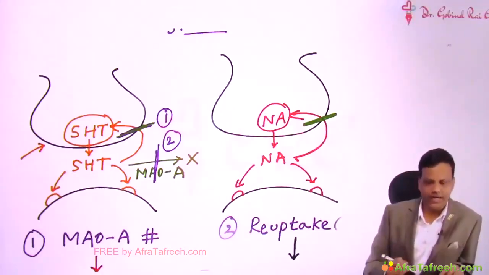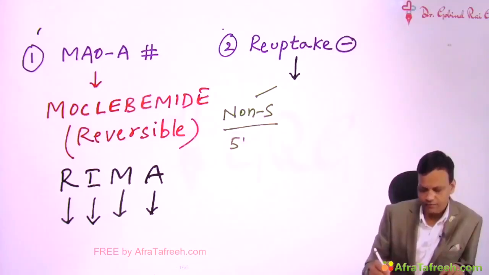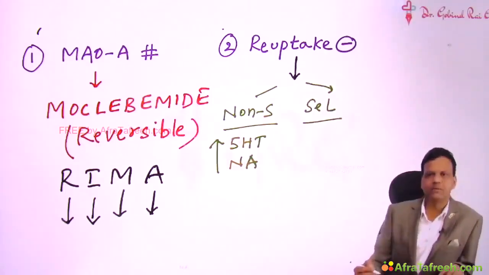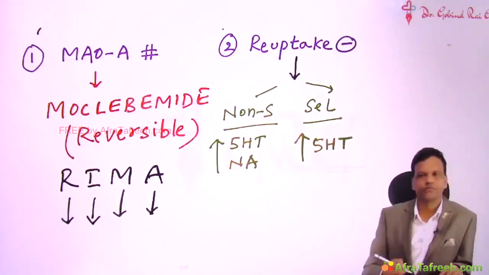One non-selective, that means it inhibits the reuptake of serotonin and noradrenaline. So when reuptake of both is inhibited, the level of both will increase. The second type of reuptake inhibitor is selective. That means it inhibits the reuptake of only serotonin. So that will increase only the level of serotonin and not noradrenaline.